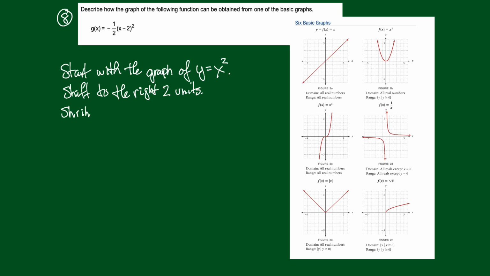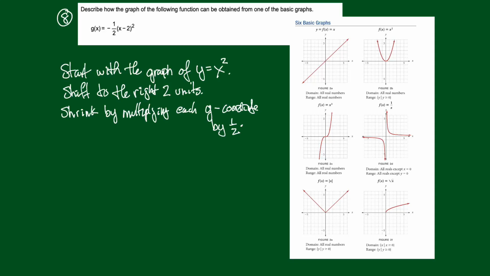Well, let's write it so I can read it. Shrink by multiplying each y coordinate by 1/2.